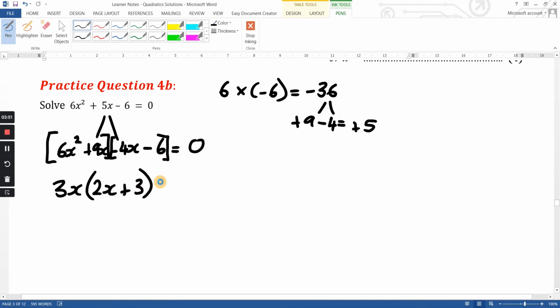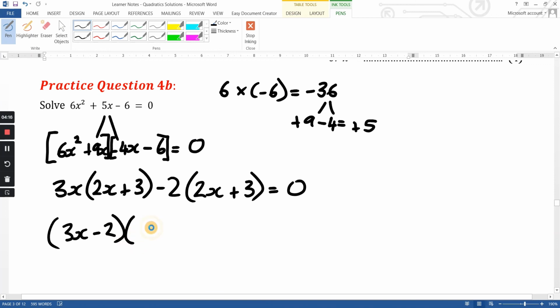Factorizing this, that's going to give me, let's take out minus 2, and that's going to leave me with 2x plus 3, same. Yep, so there we go. So my two brackets are 3x minus 2 and 2x plus 3.